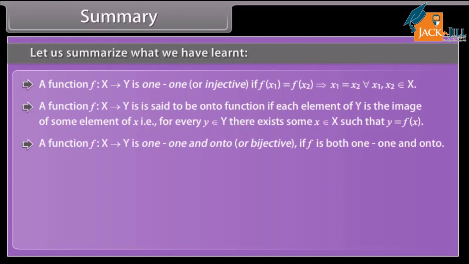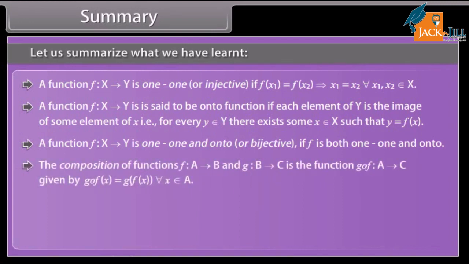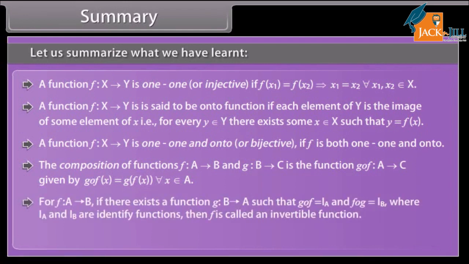The composition of functions f from A to B and g from B to C is the function g o f from A to C given by g o f of x is equal to g of f of x for each x belongs to A. For function f from A to B, if there exists a function g from B to A such that g o f is equal to I_A and f o g is equal to I_B, where I_A and I_B are identity functions, then f is called an invertible function.